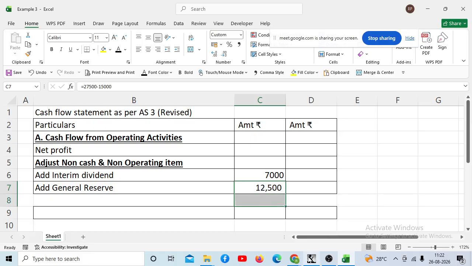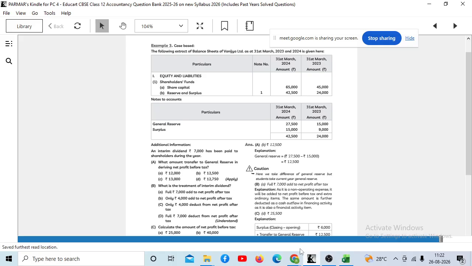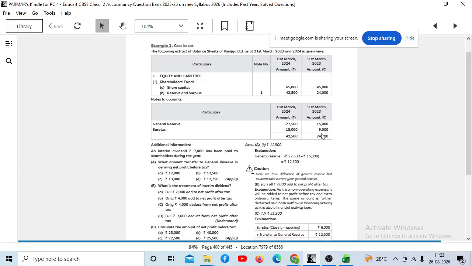No, sir. Okay, now let us proceed further and we will talk about the surplus. Surplus is nothing but profit and loss account, right? So initially it was 9,000, now it has become 15,000. So how much profit is made this year?